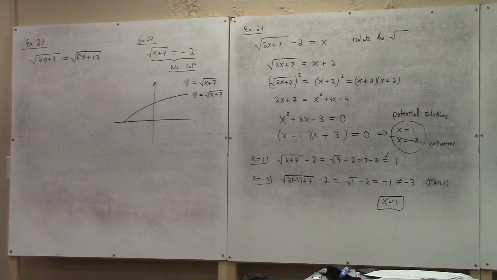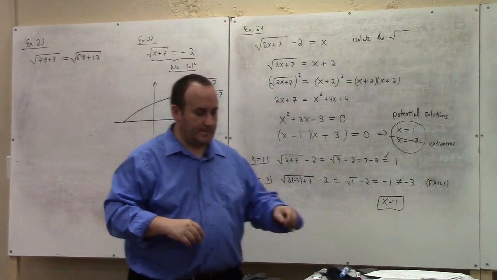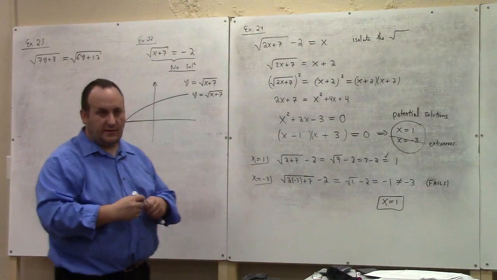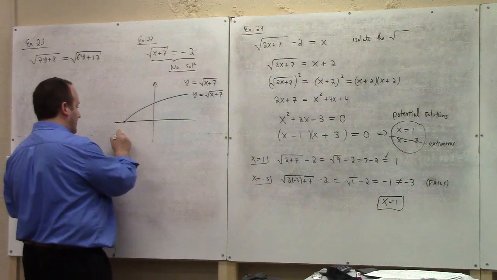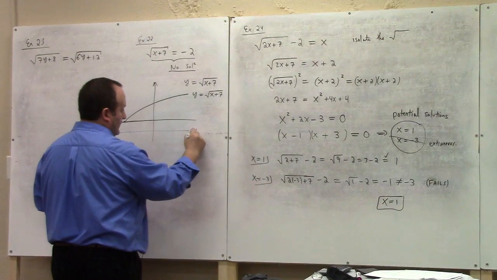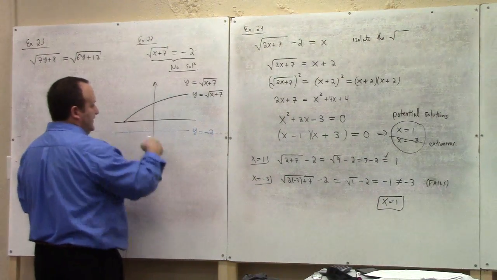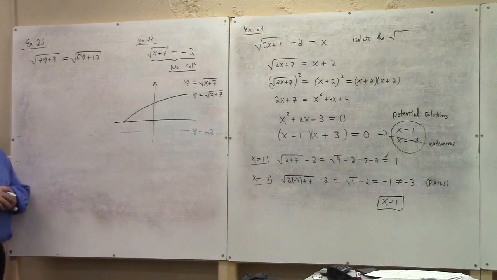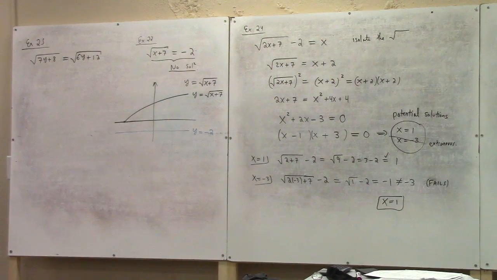Where graphically is y equals minus 2? It's down here. What's the intersection between these two graphs? There is no intersection, right? So that's another way we can understand.